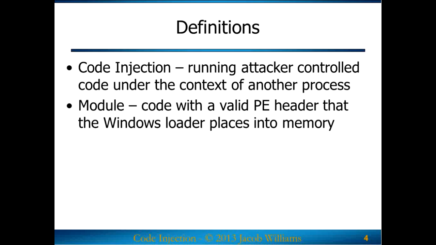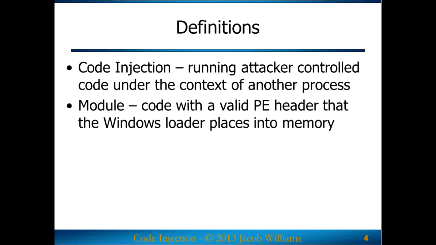So really, from a definition standpoint, code injection is the attacker running code in the context of another process. I want to talk about another definition too, module. This is a fairly abstract definition, but I'm talking about code with a valid PE, or portable executable, header that the Windows loader places into memory.